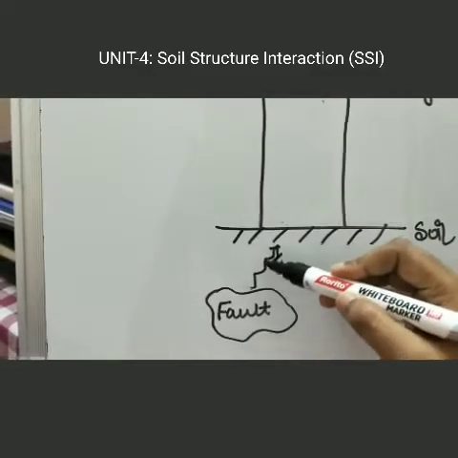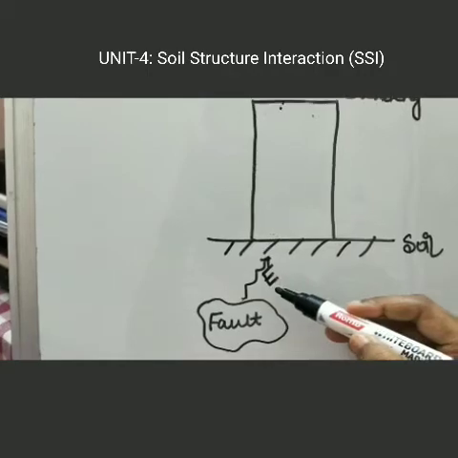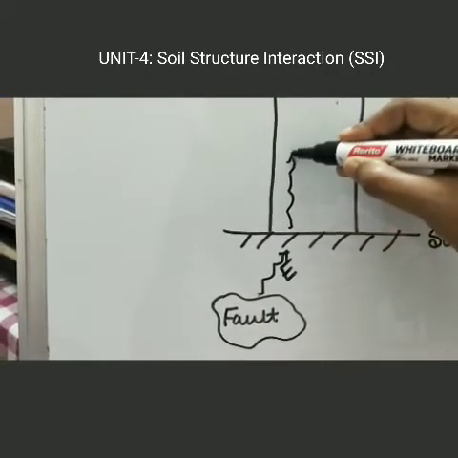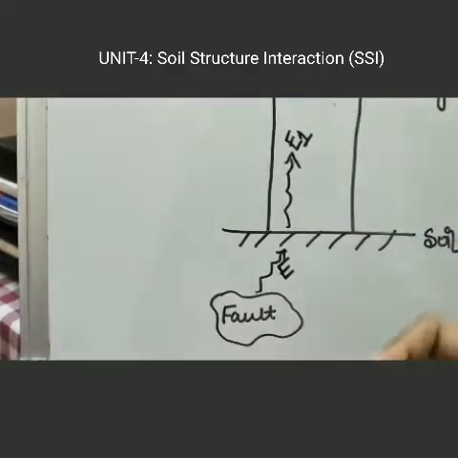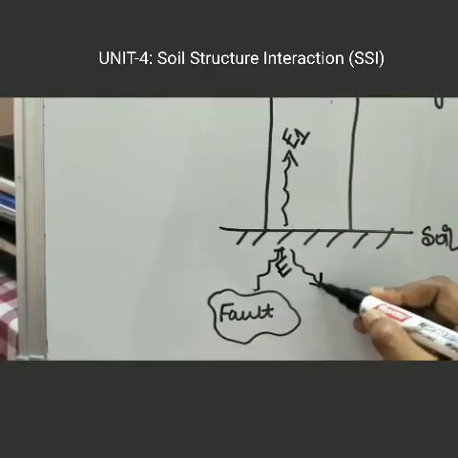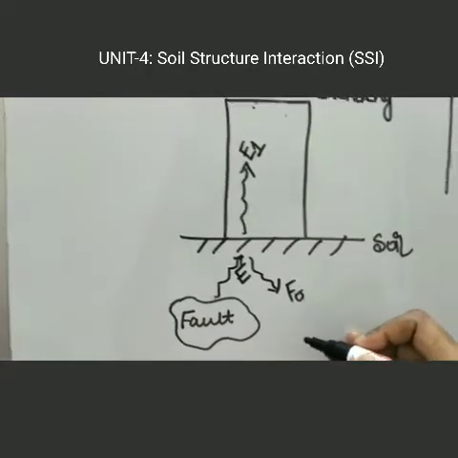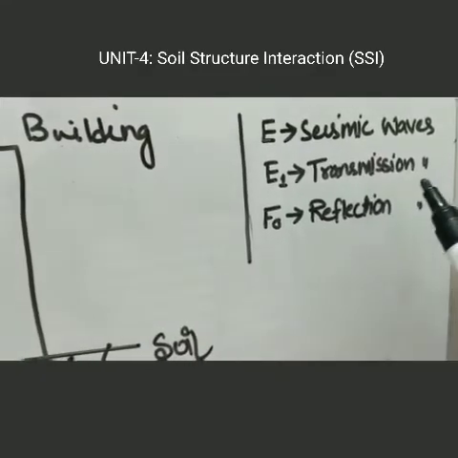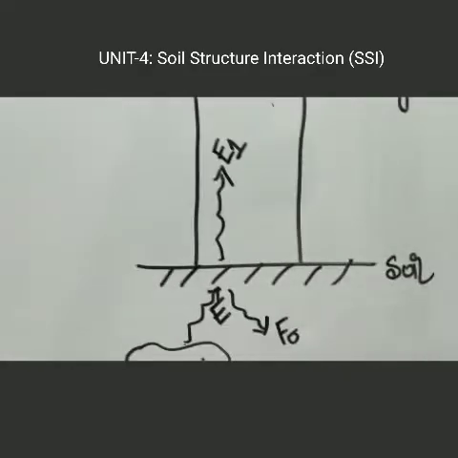As the seismic wave travels through the soil and reaches the building, a certain part of this seismic wave will get transmitted to the building, which we will name E1, and a certain part will get refracted back to the soil. Let us name it F0. Here, E is the seismic wave, E1 is the transmission wave, and F0 is the refraction wave.